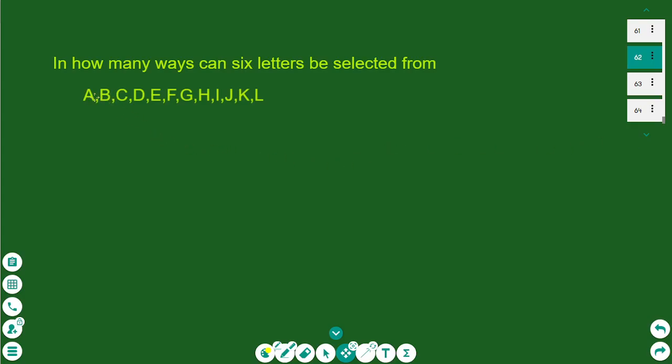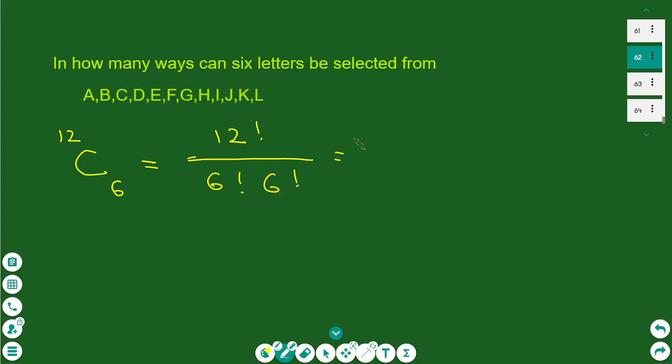And the next example is how many ways can 6 letters be selected from the 12. Here we are looking for combinations of letters, 6 letters out of 12, so we need to find C(12, 6). Using the formula of combinations, this is 12 factorial over 6 factorial times 6 factorial.